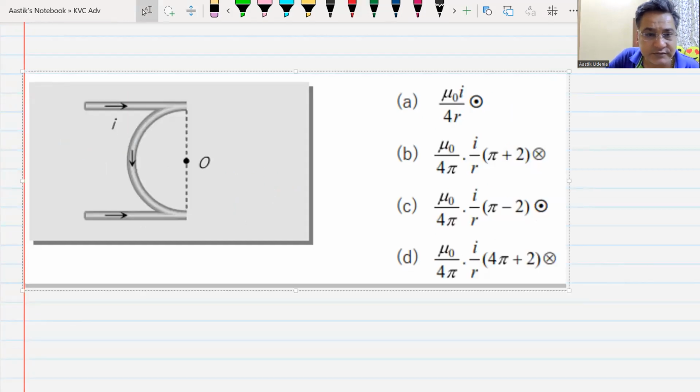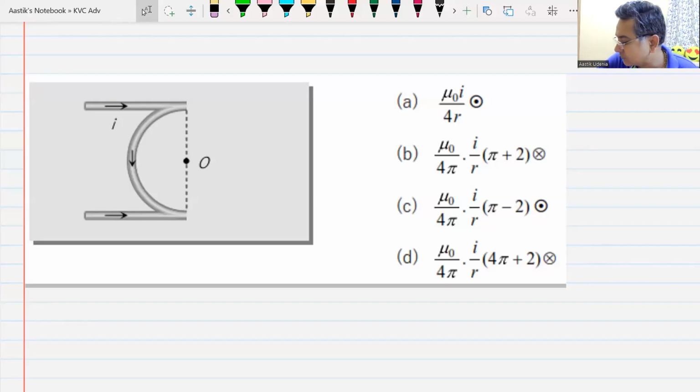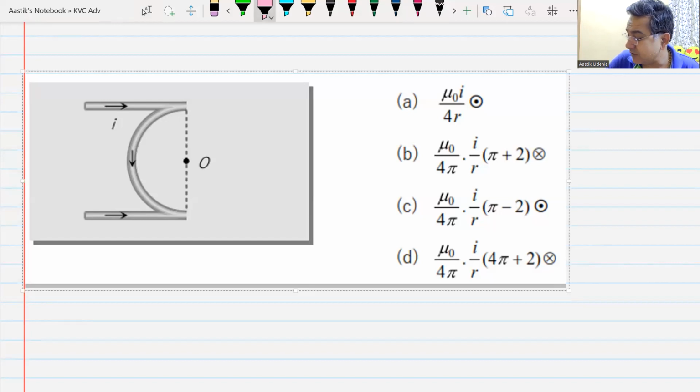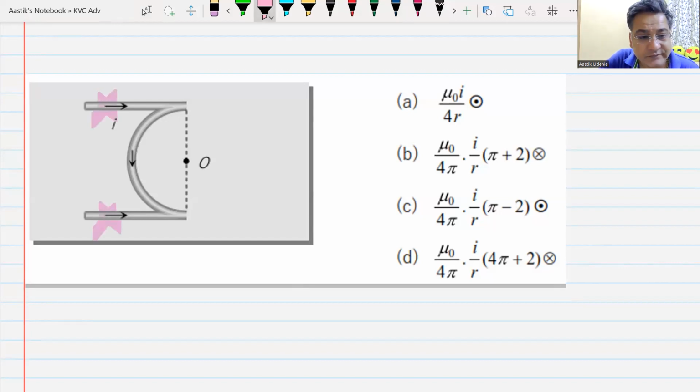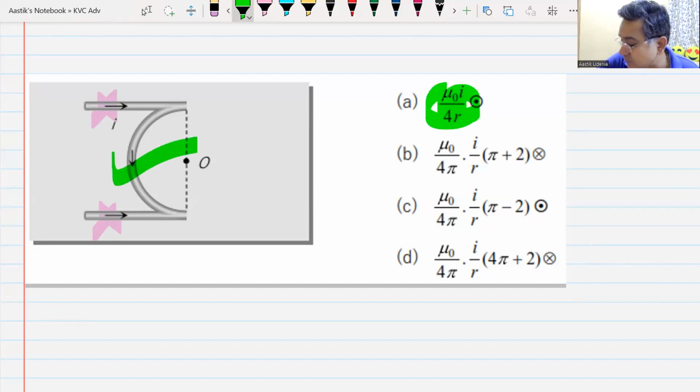This is the next one. So how are we supposed to do this? Magnetic field due to this wire and this wire, they are the same, yes or no? Yes, sir. One field is outside, the other field is inside, yes or no? Yes, sir. They get cancelled, only the field that remains is the field of this one, and it is like this, yes or no?